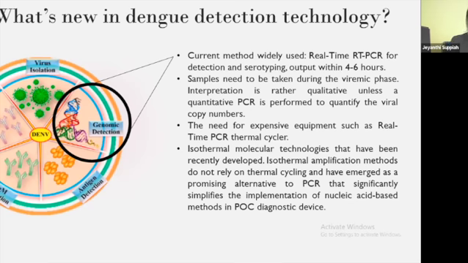So in order to replace real-time RT-PCR, a new innovation called isothermal molecular technologies has been recently developed. So what are these isothermal amplification methods? This method does not rely on thermal cycling. Well, in the usual PCR setting, you have several ranges of temperatures where you need to conduct the PCR.